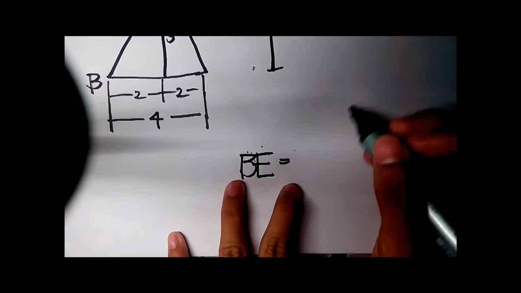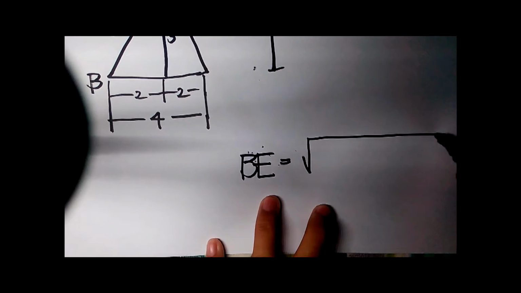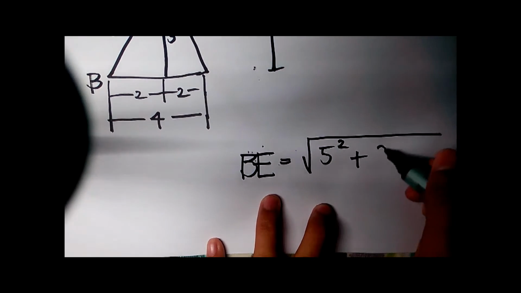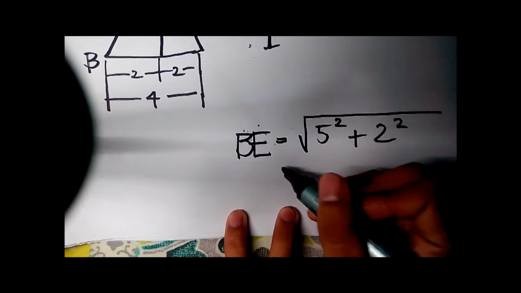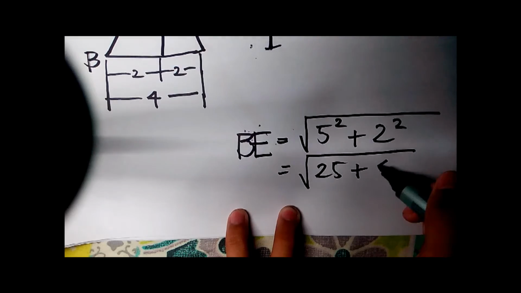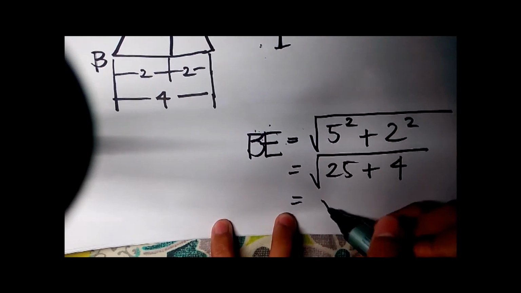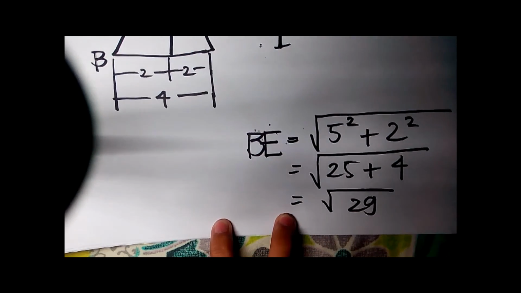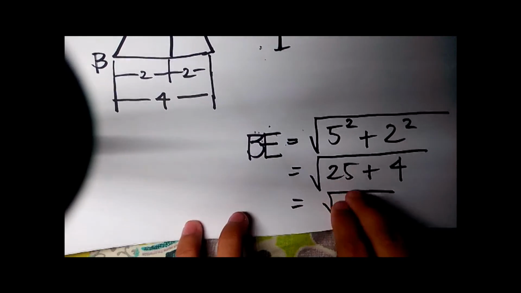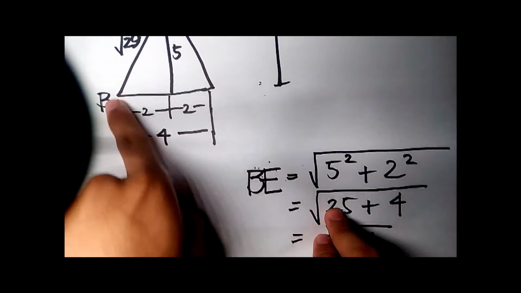Is the square root of 5 squared plus 2 squared is equal to square root of 25 plus 4 is equal to square root of 29. So we get the measurement of BE.